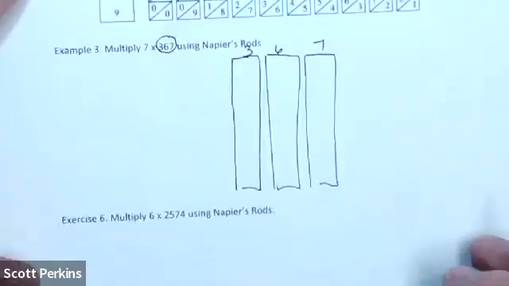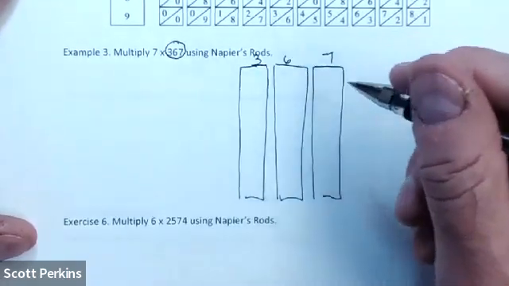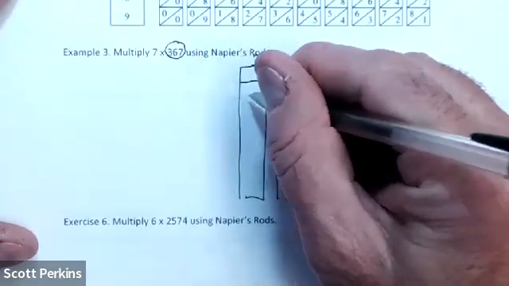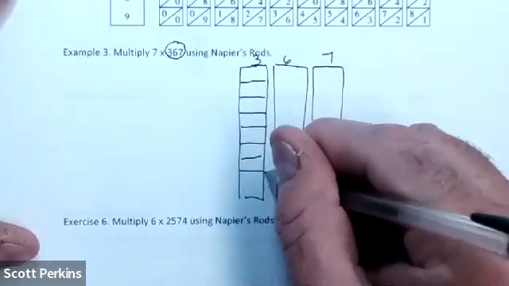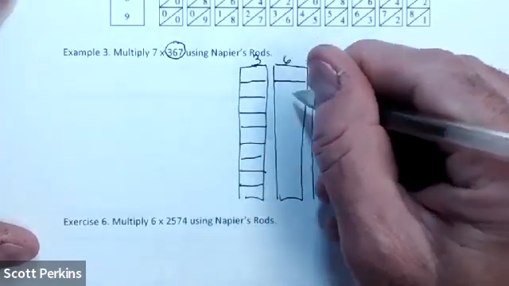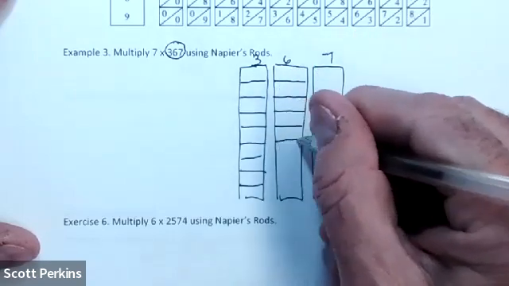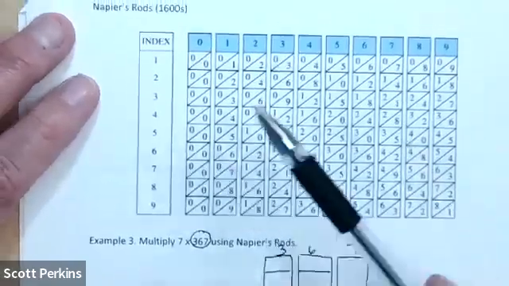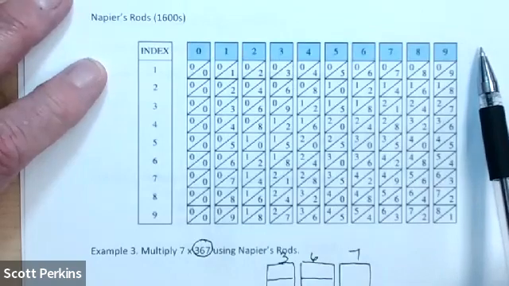Okay, and so note, each of these rods just represented the multiplication table. So give me just one moment to divide these up into 9 parts. So 1, 2, 3, 4, 5, 6, 7, 8, 9. Same thing here. Because on his rods, he didn't have a row for 0.